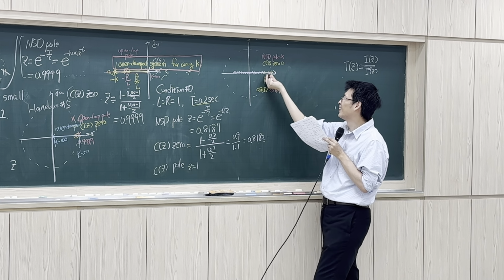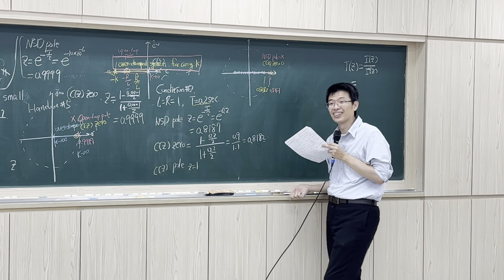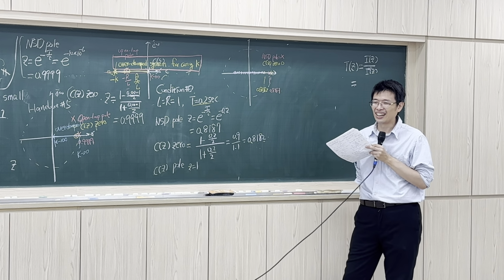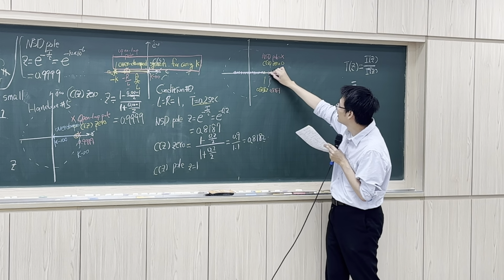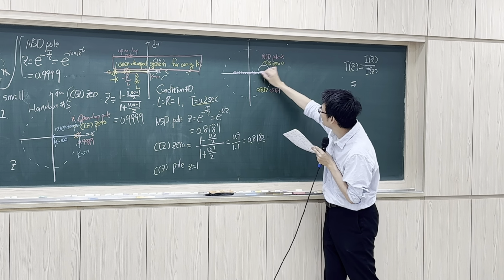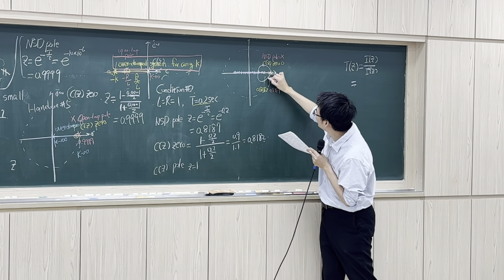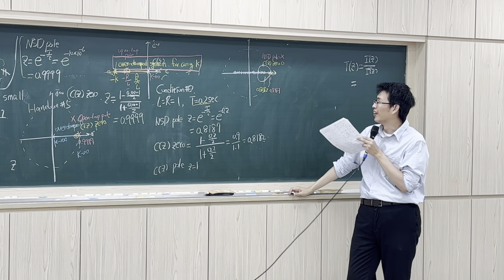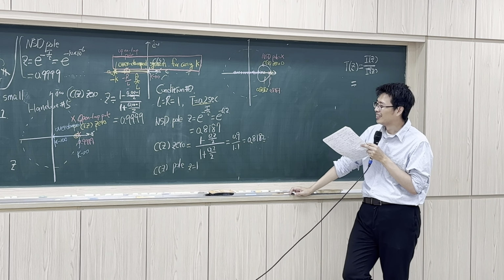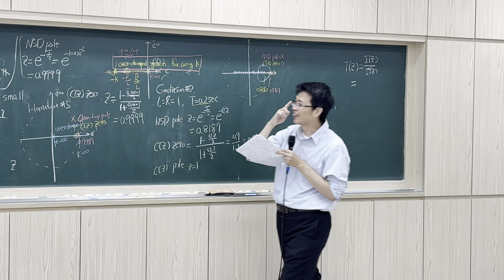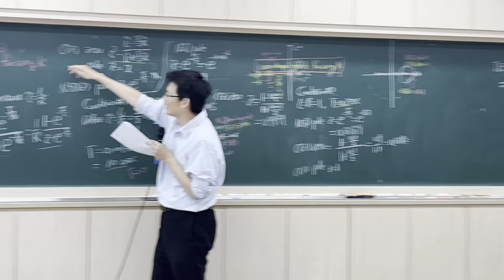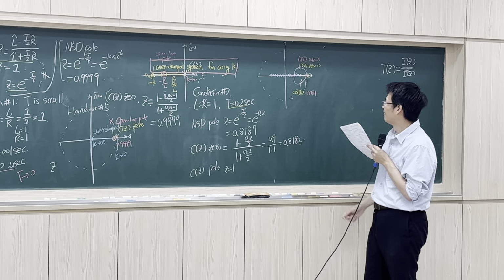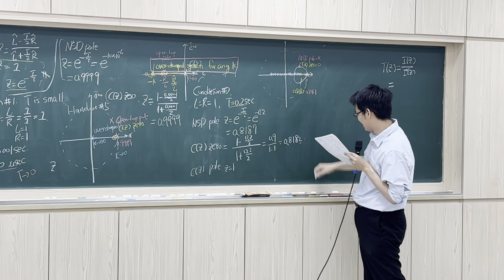But we will not have a root locus between this zero and the pole. Right? If you don't believe it, use MATLAB to simulate this. So the root locus will look like this. It will be a little bit different. Also, we can meet the requirement for the first one. It is still a stable system.